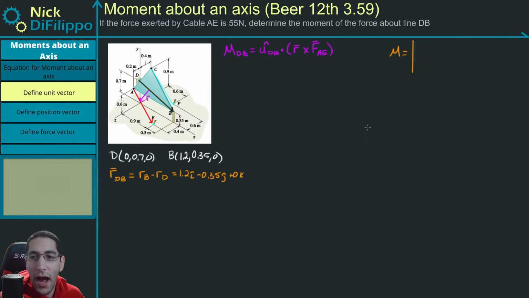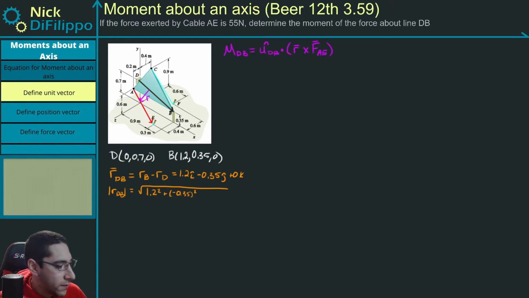Now that I have figured out the position vector, I can figure out its magnitude. The magnitude of this position vector is the square root of 1.2 squared plus minus 0.35 squared. I can go to my calculator and calculate what this is, and I get 1.25.